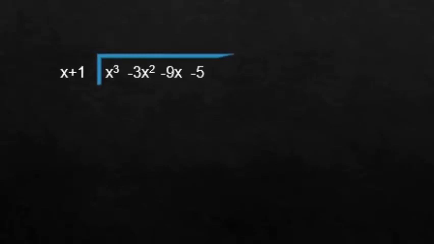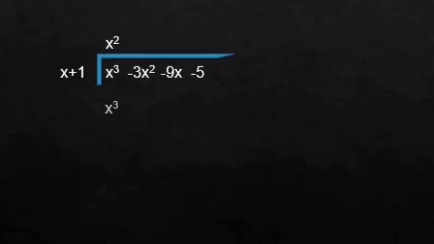As I explained in the earlier question, we divide the first term of the dividend by the first term of the divisor. So I am dividing x cube by x. X cube divided by x gives you x square, which I write in the quotient's place. Then we multiply. X square into x gives you x cube, which we write down.